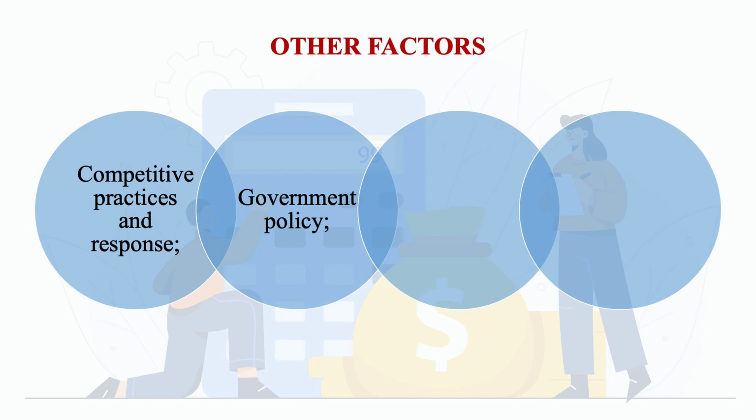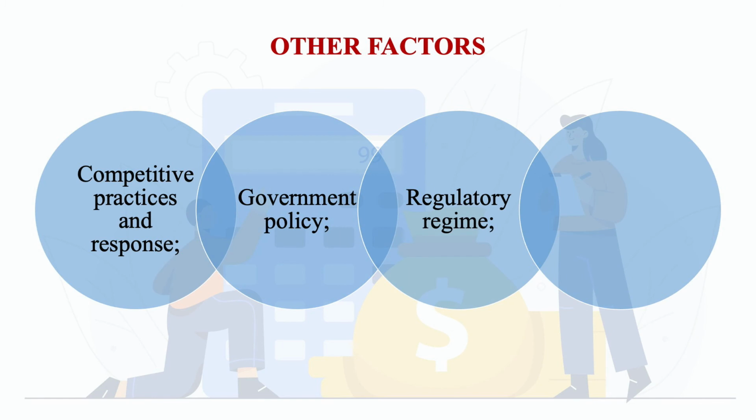An external influence is government policy. What is the government's policy regarding electricity prices, regarding commodity prices, regarding prices of essential goods? They come out with regulations or directives from time to time, and you need to be responsive to those. In certain sectors, the regulatory regime is fairly strict.